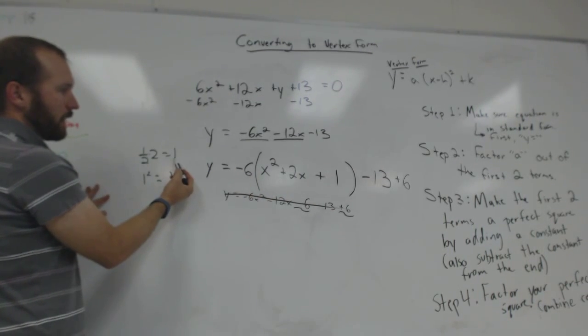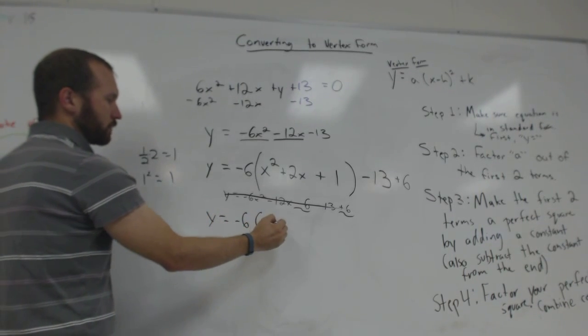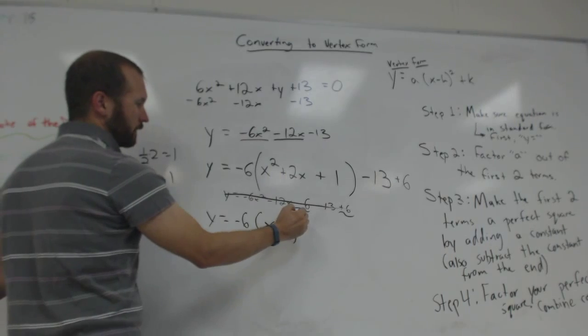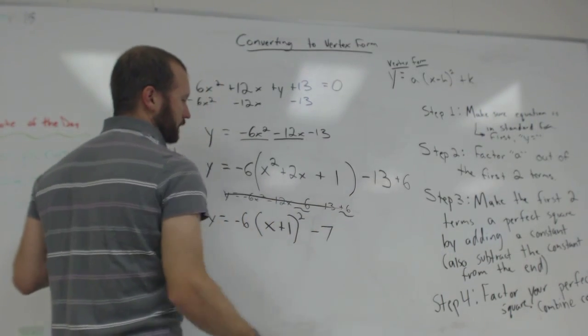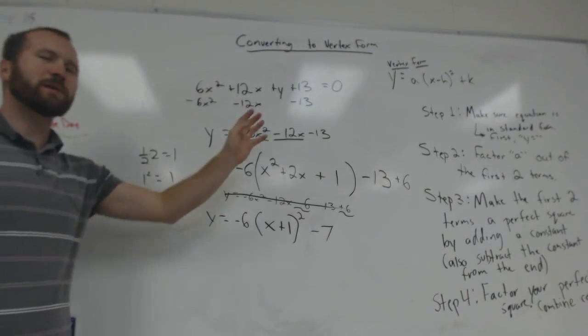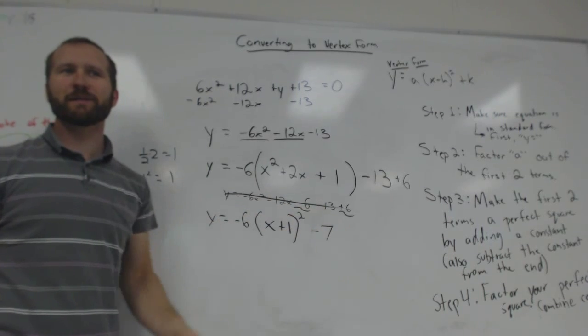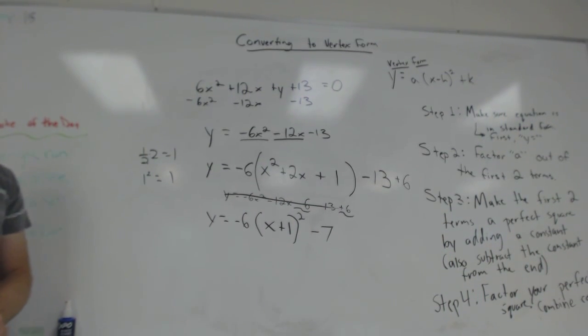I know that my perfect square is x plus 1 squared, minus 13 plus 6. Well, 13 plus 6 is 19, but negative 13 plus 6 is minus 7. And that's the vertex form.